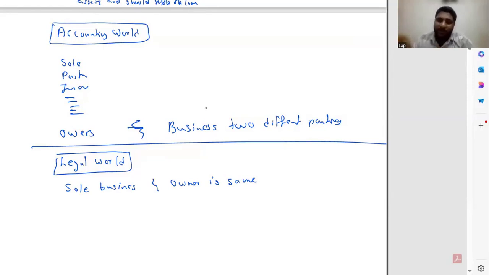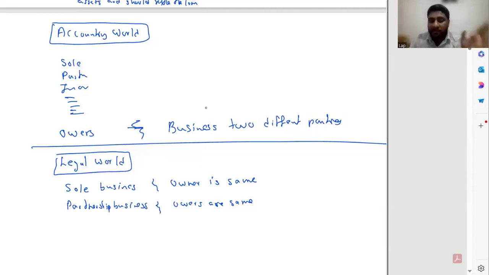But do you know people? Partnership also same. Partnership business and owners are same. That means partners' identities and partnership business's identity and owners' identity are all the same. But do you know incorporated businesses are there?